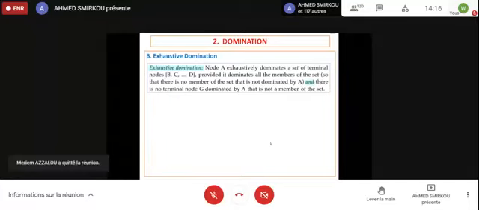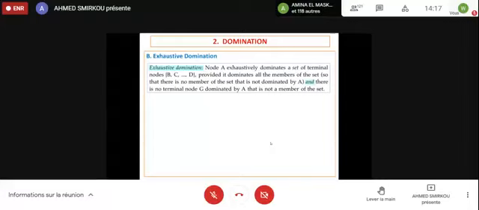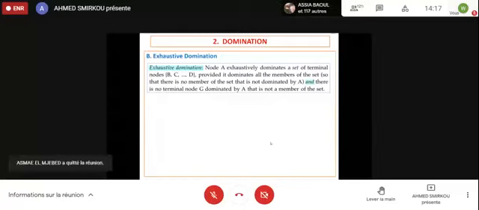Exhaustive domination: node A exhaustively dominates a set of terminal nodes B, C, D, provided it dominates all the members of the set, so that there is no member of the set that is not dominated by A. And this is the second part of the definition: and there is no terminal node J that is not a member of the set.